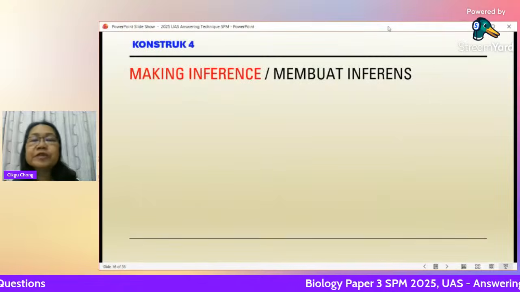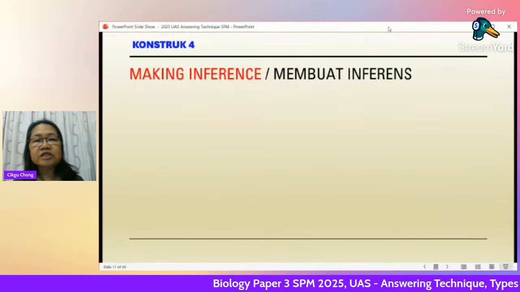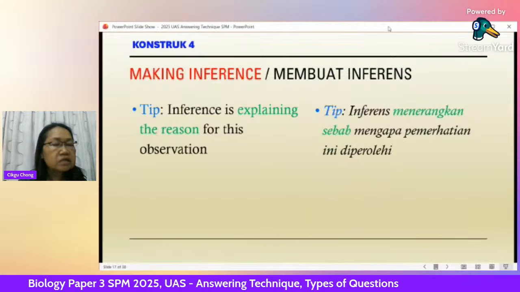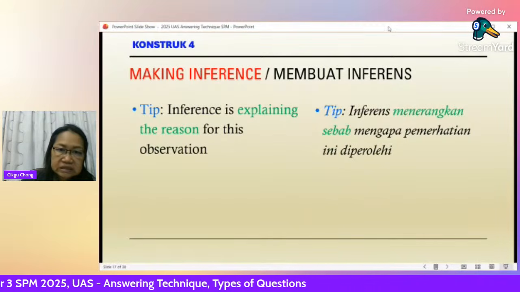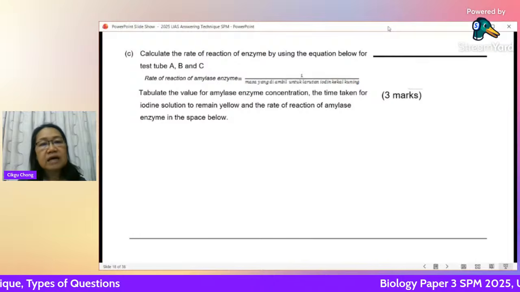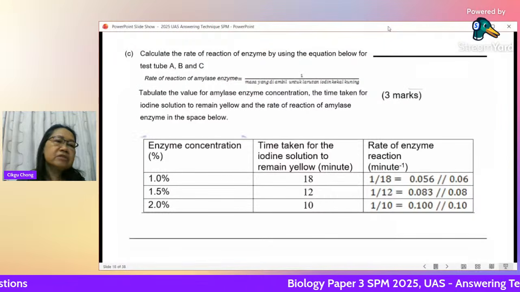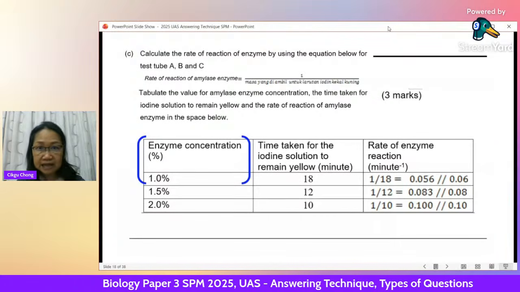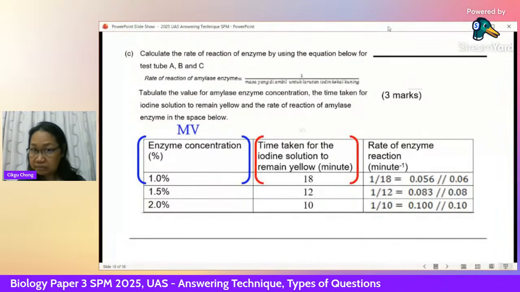All right, now inference. Just now you have your observation already. Now make inference. Inference is explaining the reason why you get this. I'll give you an example. For example, just now in this question, enzyme, this is your MV, you use 1.0%, and then the time taken is 18 minutes.